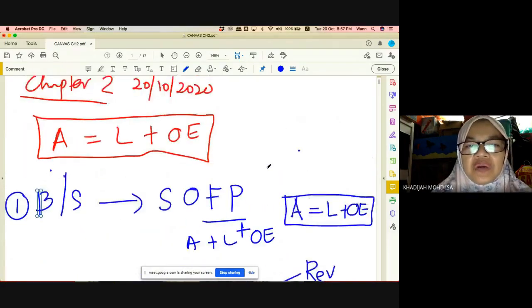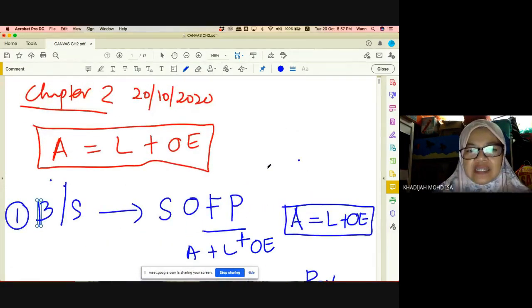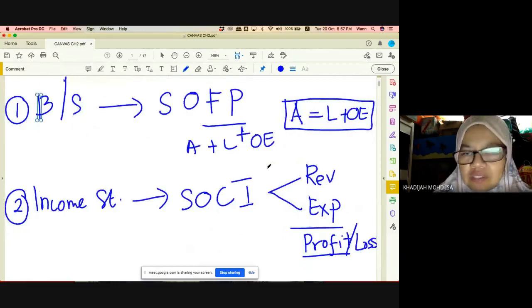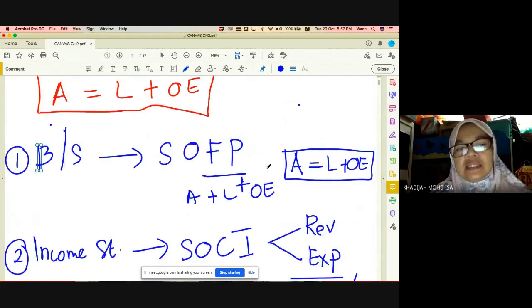So we actually have three statements. The first one is your balance sheet. In the textbook, sometimes it uses balance sheet, sometimes statement of financial position, SOFP. Financial position means you want to look at the position of your assets, liabilities, and owner's equity.